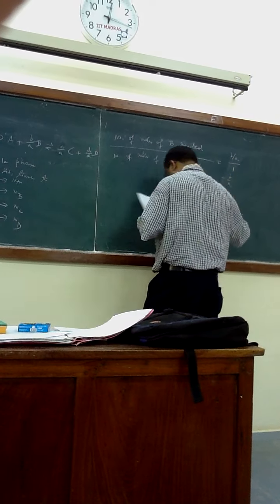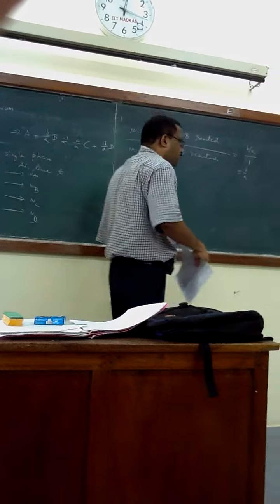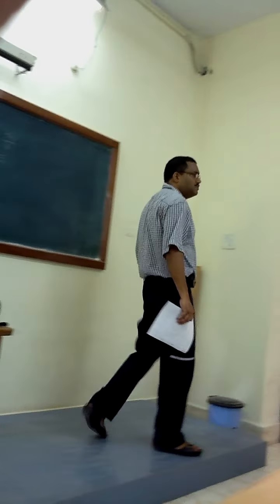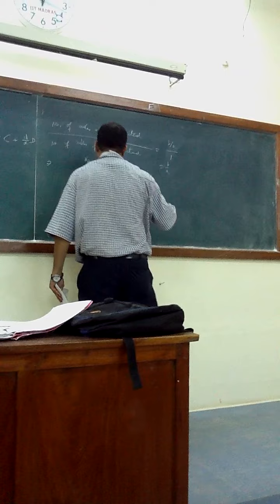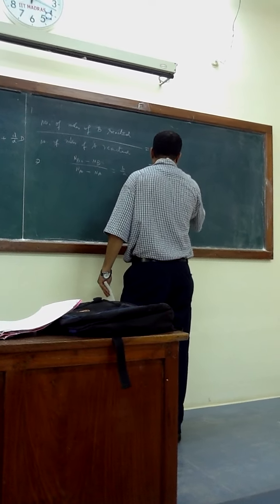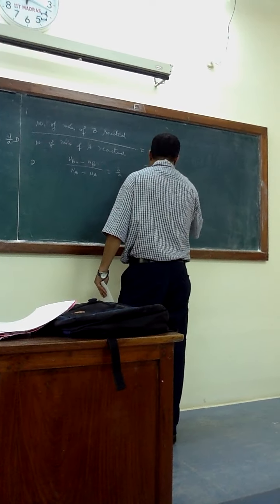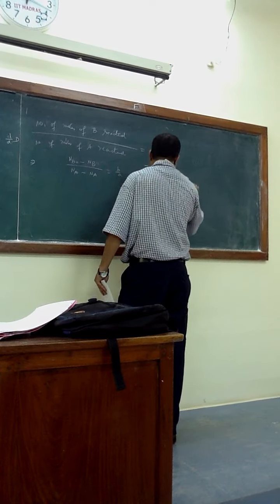And if you now look at the number of moles of B reacted, it will be Nb0 minus Nb. Am I correct? Nb0 minus Nb over Na0 minus Na equals b by a, which is Nb0 minus Nb by b equals Na0 minus Na by a. So this part is quite clear to all of you.